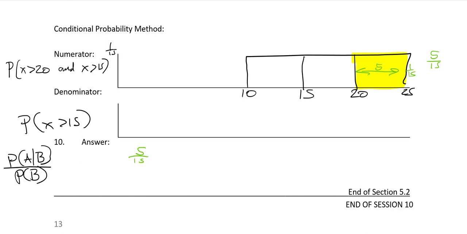Again, you're copying this down. This is probably not the way you're going to solve this, but again, I like to show people this method because some people want to use the definition of conditional probability. Okay, so this is 10, this is 15, this is 20, and this is 25. Now what we have is x is greater than 15, so that would be this yellow spot right here.